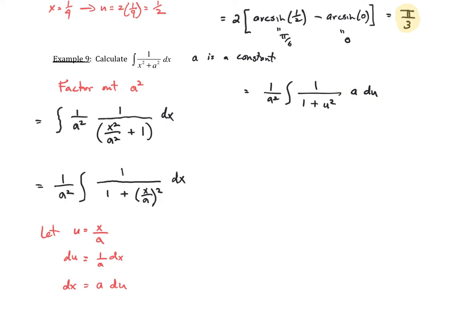This is treated as a constant relative to u. So anytime you have a constant times your integrand, you can move the constant outside the integral. So this becomes a divided by a squared, integral of 1 over 1 plus u squared du. This front part simplifies to just 1 over a.